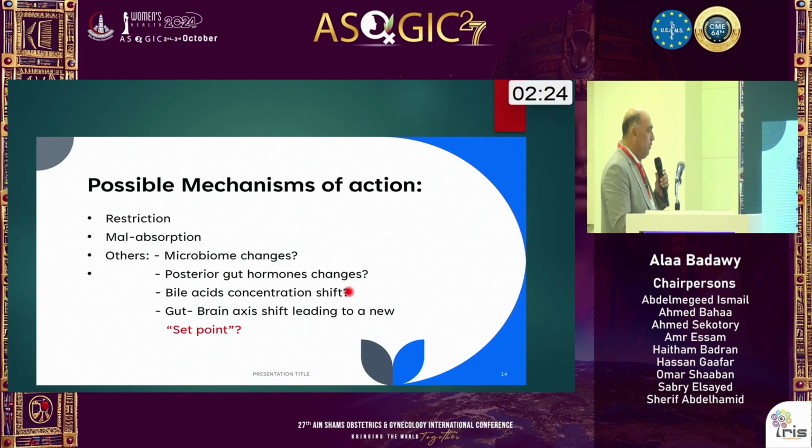Posterior gut hormone changes, this is very important, especially GLP-1 and PYY. Bile acid concentration shift, it's evident. What actually happens at the end is a gut-brain axis shift leading to a new set point. The patient is different. His set point is all different. Gut-brain axis shift, this is the most important thing.